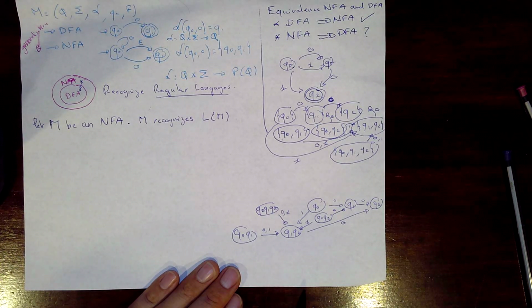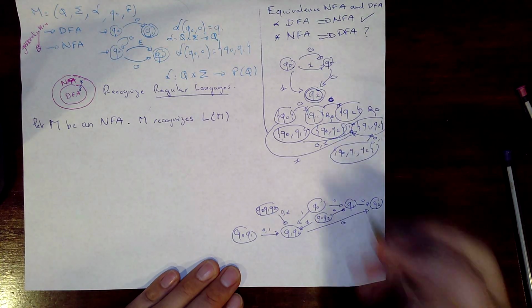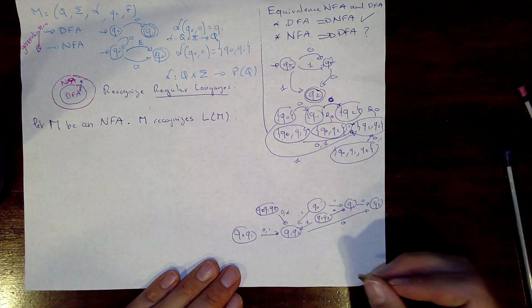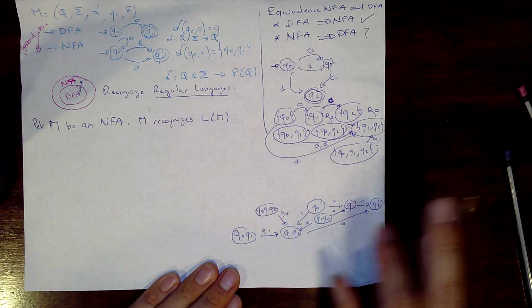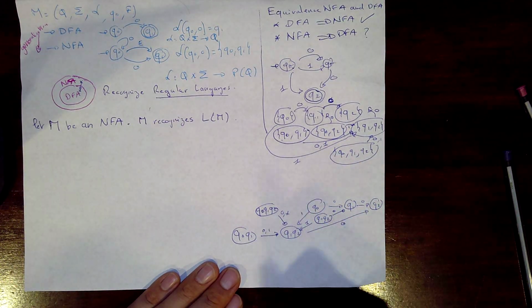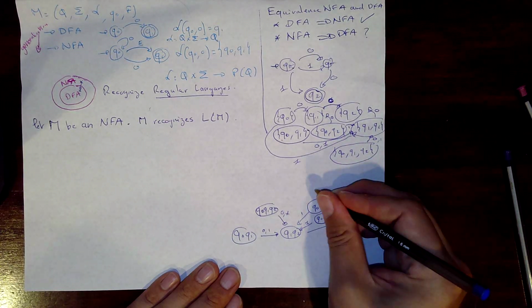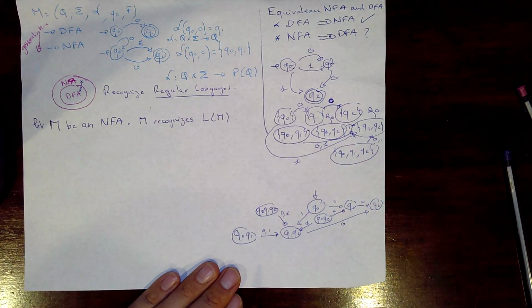Now, how do I know the accept state and starting state? Well, the starting state here, I forgot to mention it, was Q0. It's a little bit more tricky when you have an epsilon. You can look in the book, but right now we're going to assume we don't have one. So it's going to be Q0. It's as simple as that.